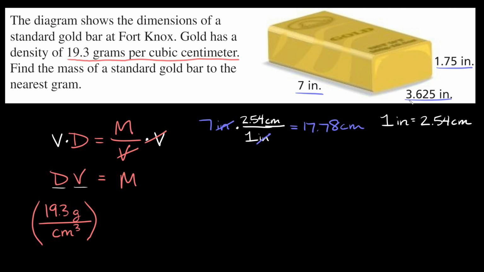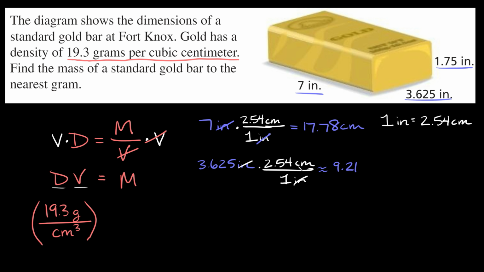Okay, so not too bad, right? Let's convert these last two dimensions. First we have this 3.625 inch. Again, we're going to multiply that by our fraction right here, 2.54 centimeters over 1 inch. Again, the inches cancel out, and then you just multiply straight across. So 3.625 times 2.54 is approximately 9.21.